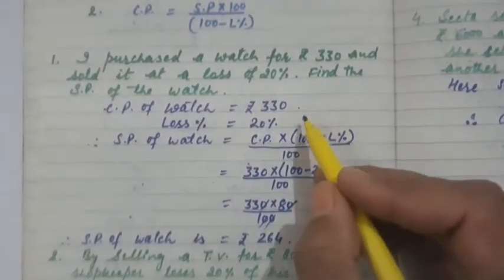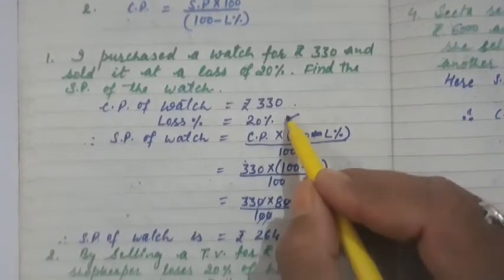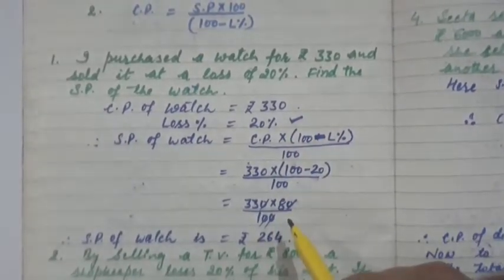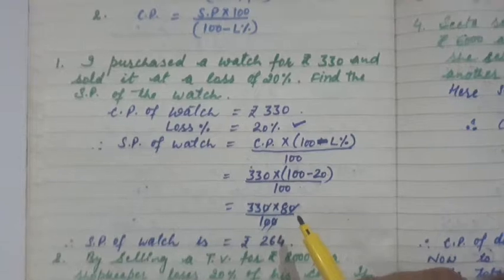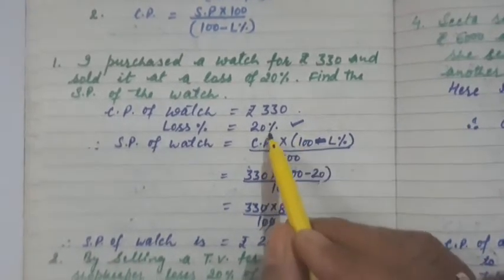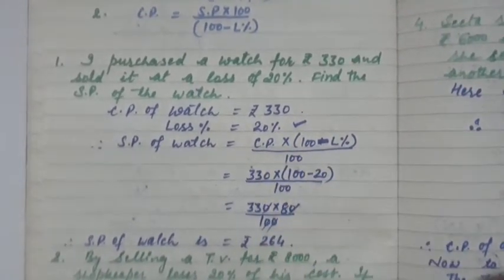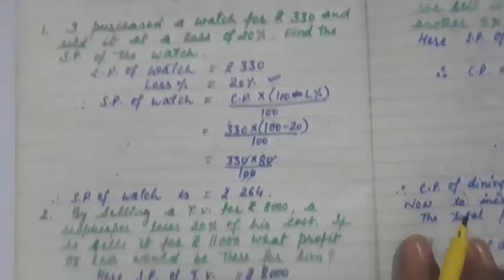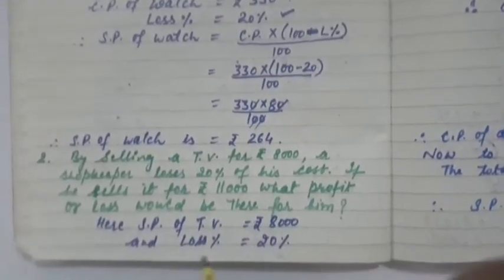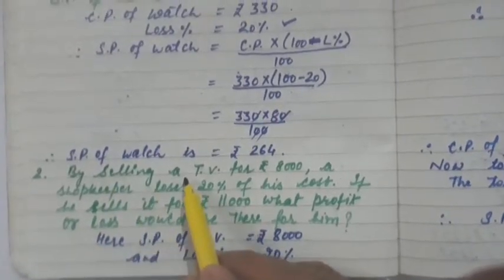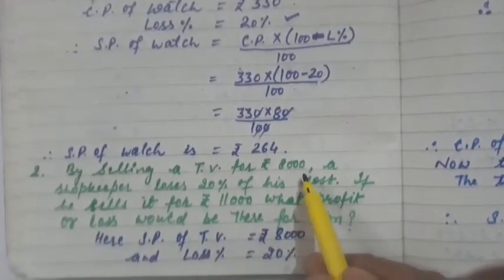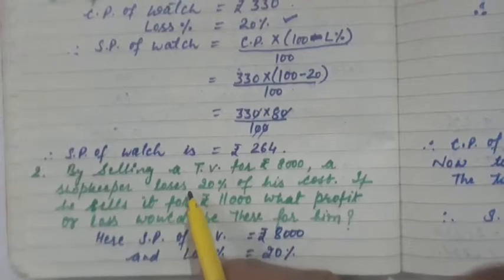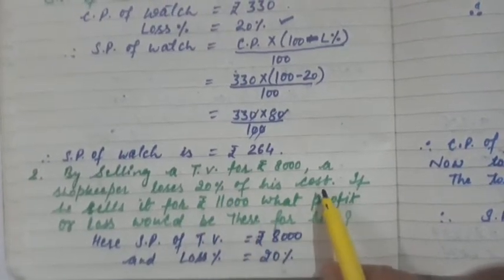These formulas are used when profit or loss percent is given. When profit or loss is given in percentage, in that case we will use these formulas to find the CP and SP of the things. The next question is question number 2. By selling a TV for rupees 8,000, a shopkeeper loses 20% of his cost.